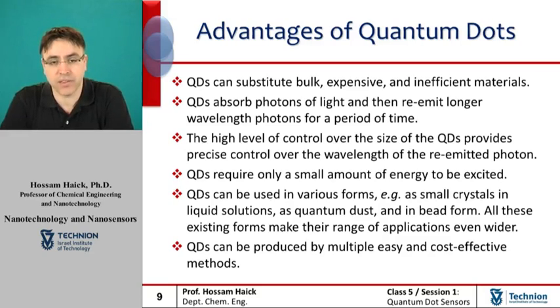The fifth advantage is that the quantum dots can be used in various forms, for example, as small crystals in liquid solutions or as quantum dots in bead form. All these existing forms make their range of applications even wider.